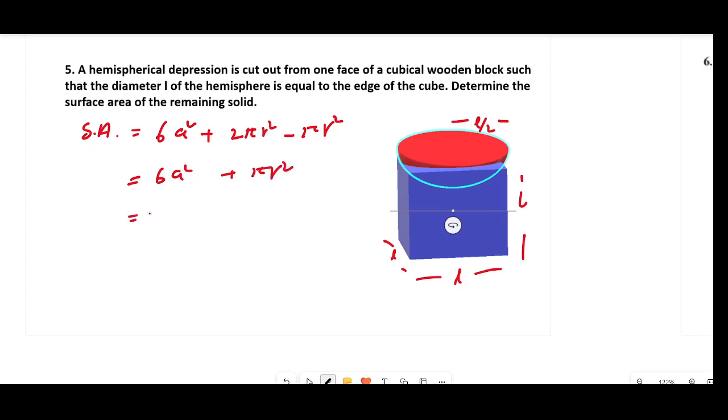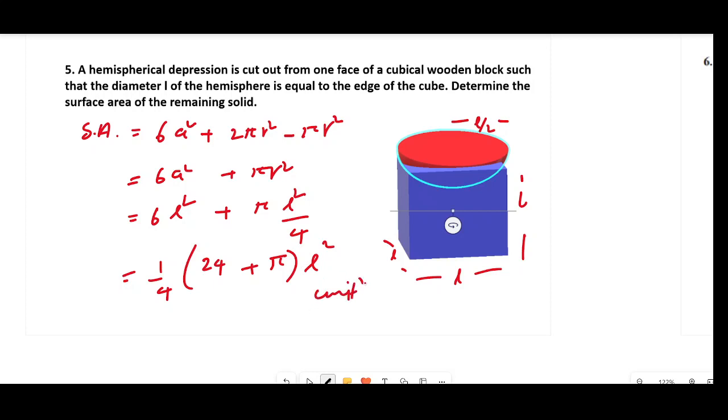Now a is given as L, and r is L by 2, so r square is L square by 4. Now if we solve this, we get 6 by 4 plus pi by 4, times L square. Because this is a surface area, the unit is square.